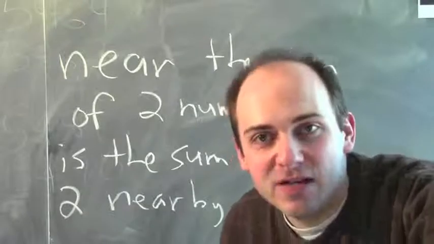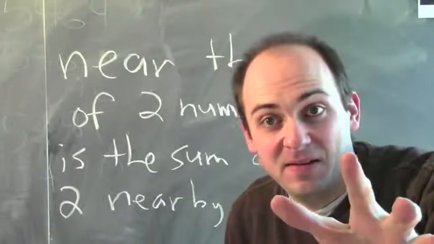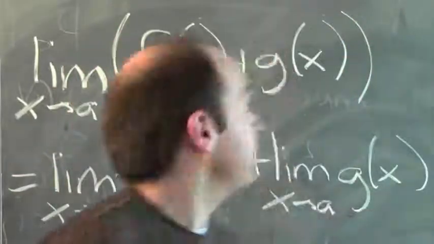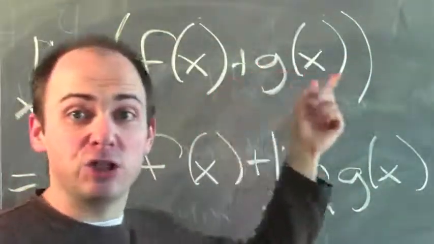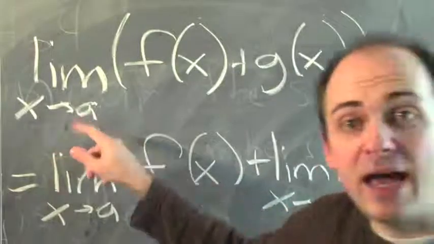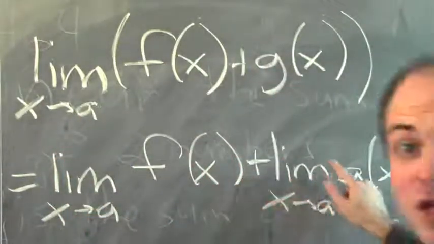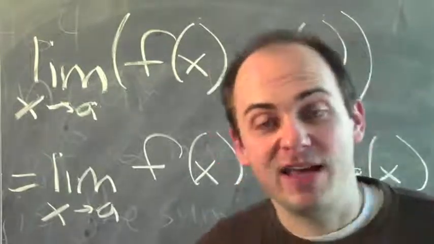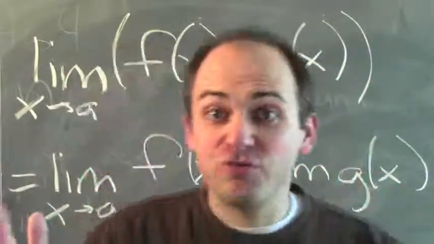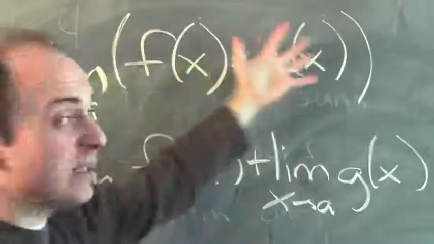How does this relate to limits? Let's take a look. The limit of f of x plus g of x as x approaches a is the limit of f of x as x approaches a plus the limit of g of x as x approaches a. How is this related to those arithmetic problems? Well, remember what this limit is saying.